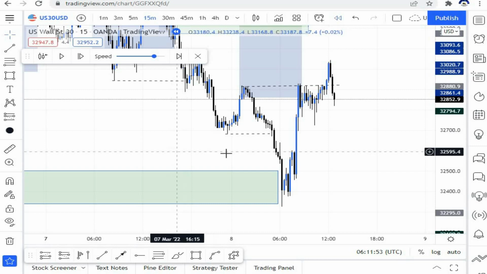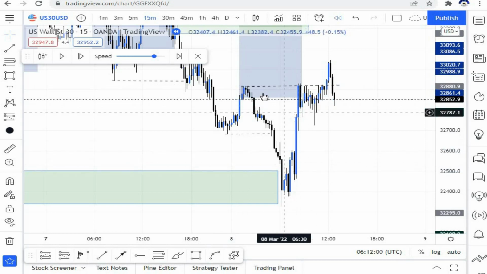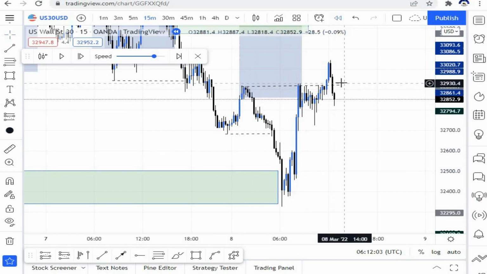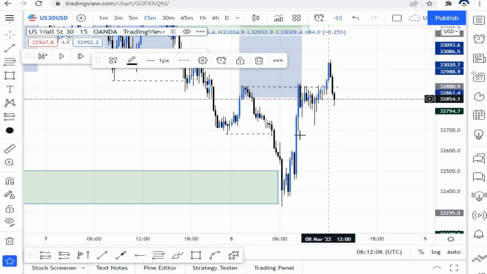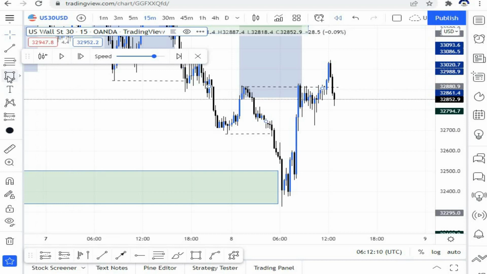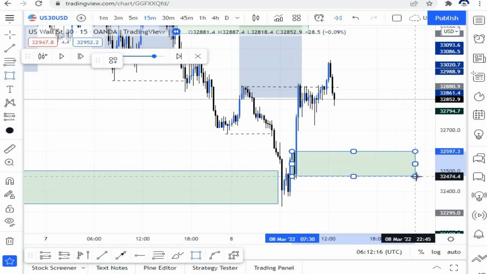Now guys, as you can see, this was also the base rally, meaning this base area was responsible for breaking this structure because it's the last opposite candlestick. That's what you have to understand, the last opposite candlestick. And what you do, you mark your demand zone, something like this, guys.